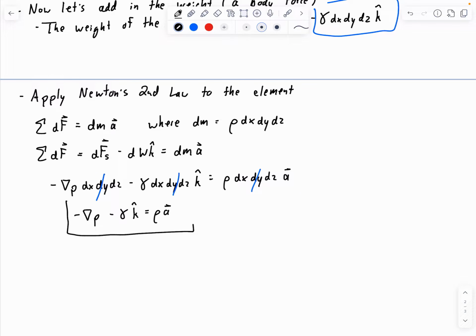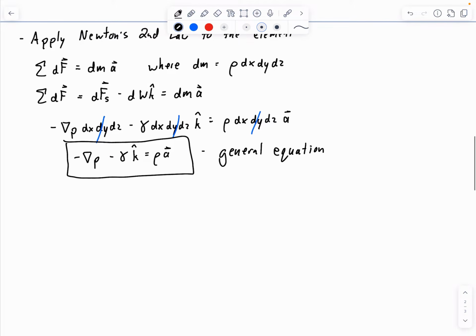This is a very important equation. This is our general equation describing how pressure varies in a fluid. Now, a couple of simplifications here. If our fluid is at rest, then our acceleration is, of course, equal to 0.